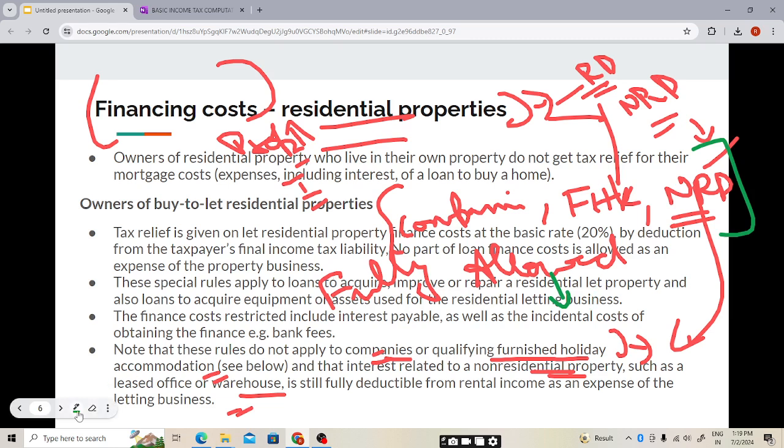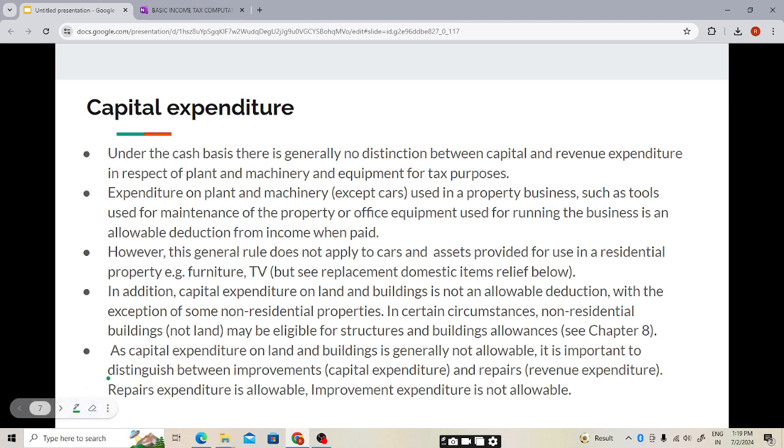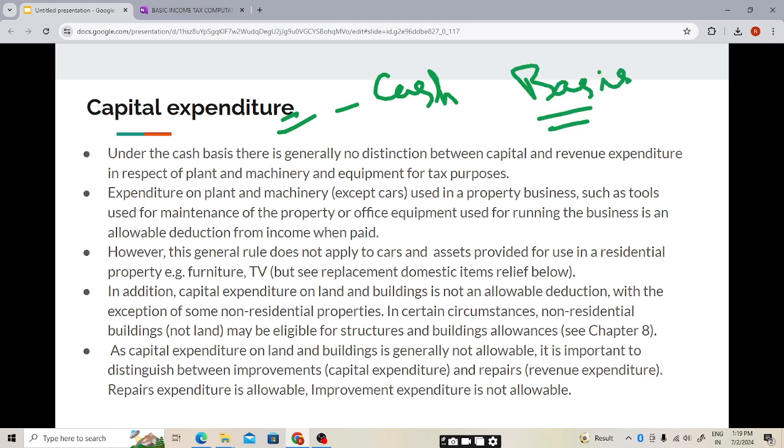So now further moving to capital expenditure. What capital expenditure will be reduced under the cash basis? For accrual basis and cash basis, there are different ways. What capital and what revenue expenditure will be allowed? Revenue expenditure we discussed: wholly and exclusively for the purpose of the property running business.